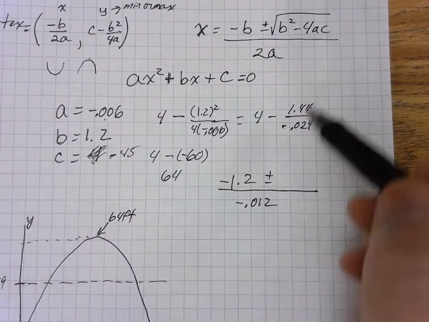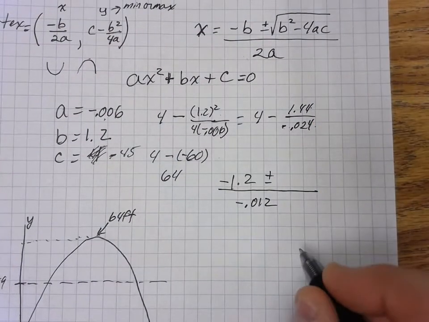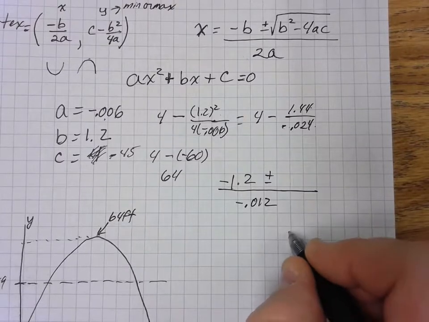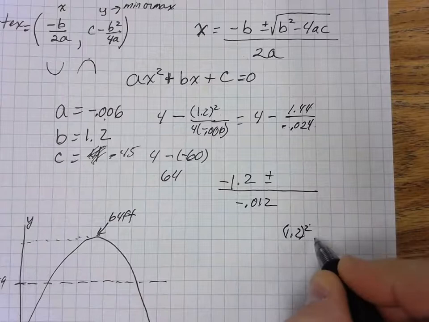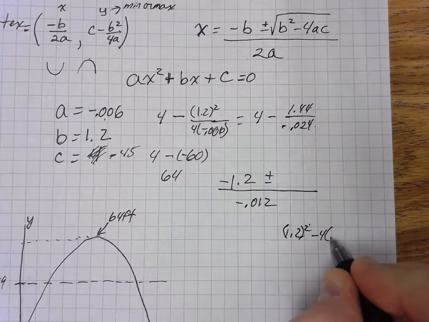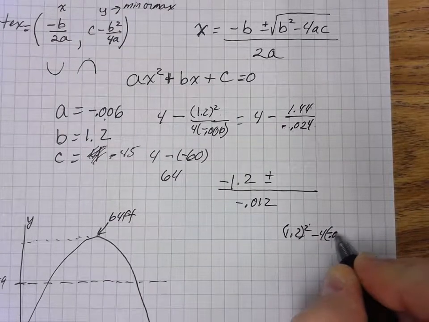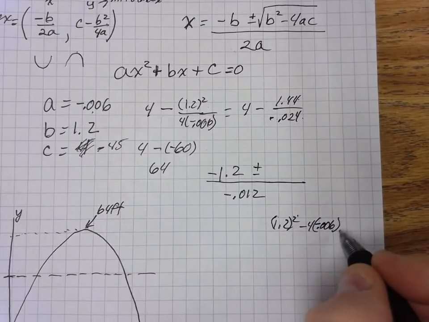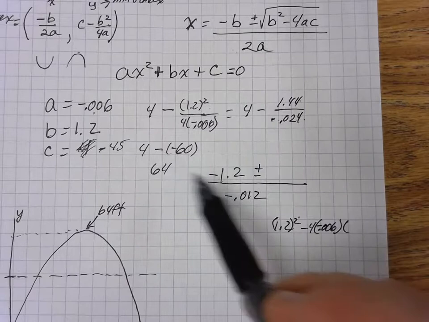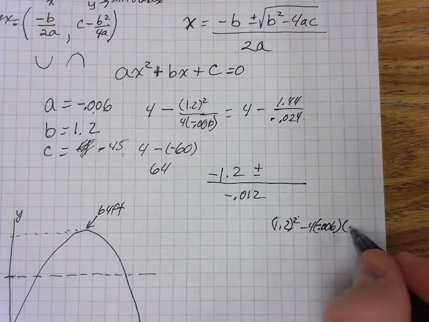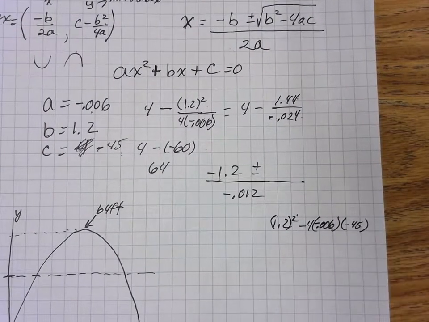Now the discriminant, which is B squared minus 4AC, I like to do someplace else. I have 1.2 squared minus 4 times A, negative 0.006, times C, which is our new C value, negative 45.